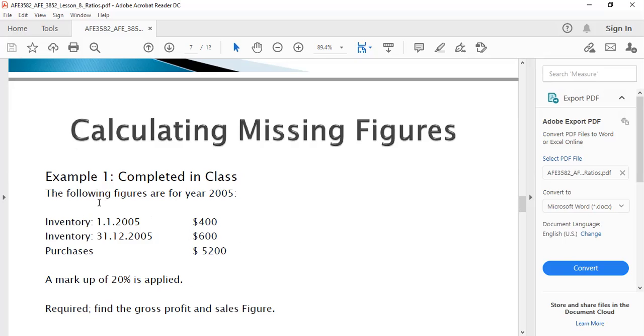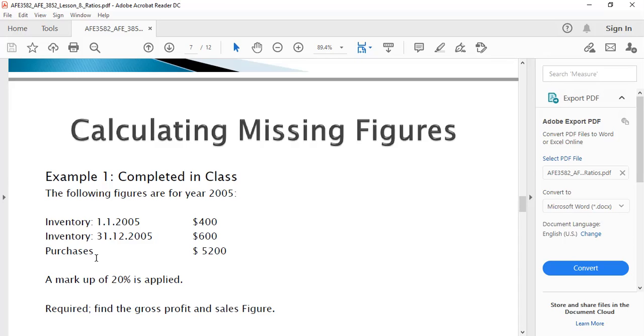Now you ask yourself, will I be able to calculate my sales amount, because you need either sales or cost of sales in order to find your gross profit? Using these amounts, are you able to calculate your sales? No. But if you check these accounts closely, these are the accounts used in calculating your cost of sales.